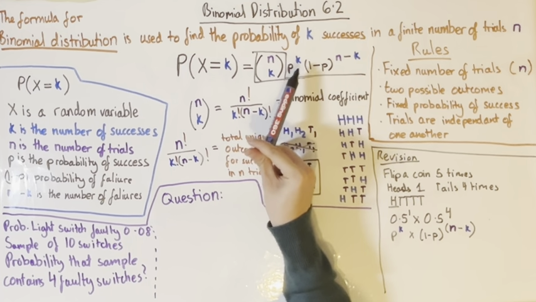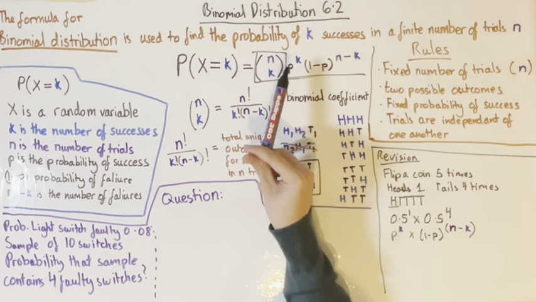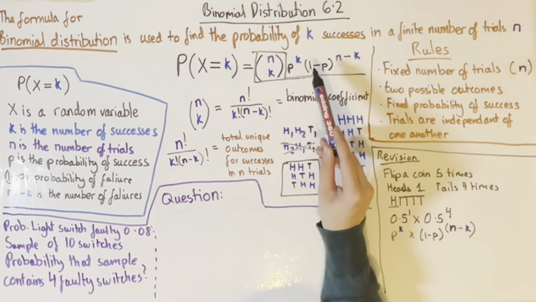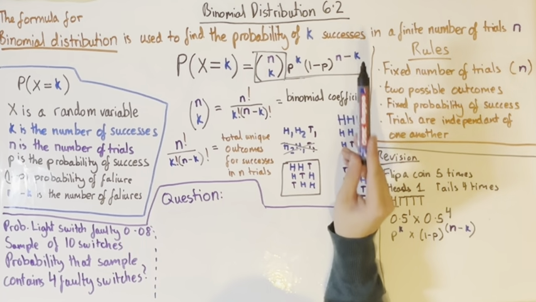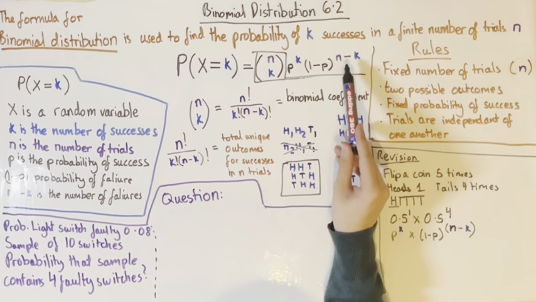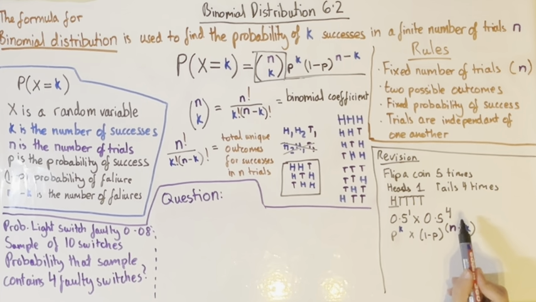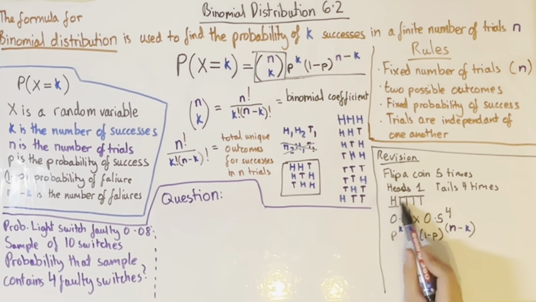That's the probability of success to the power of the number of successes, and then 1 minus p, the probability of failure, to the power of the number of failures, because we've seen those were our number of failures, and that was our number of successes. So now let's move on to a question, and hopefully you'll understand this a little bit better.